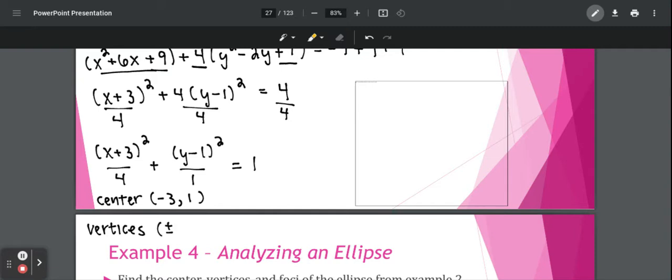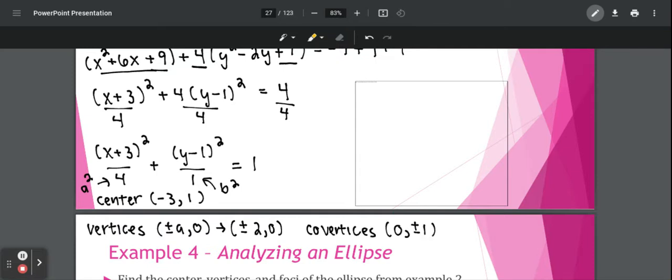So there'll be the plus or minus a comma 0. 4 is your a squared. So your vertices will be at plus or minus 2, 0. Right? 1 is your b squared. So your co-vertices are on the y-axis, so they'll be at 0 and plus or minus 1.